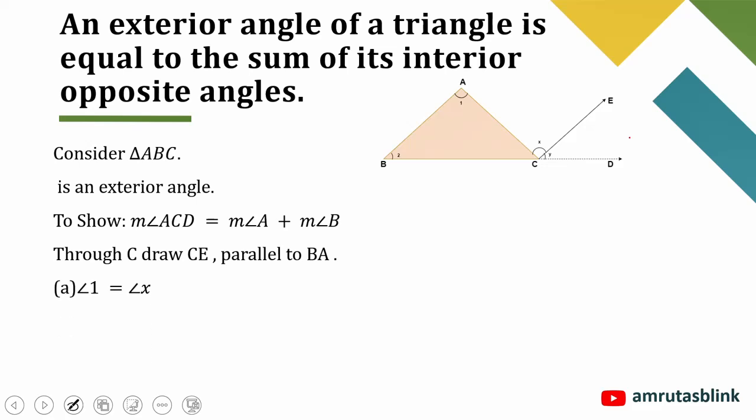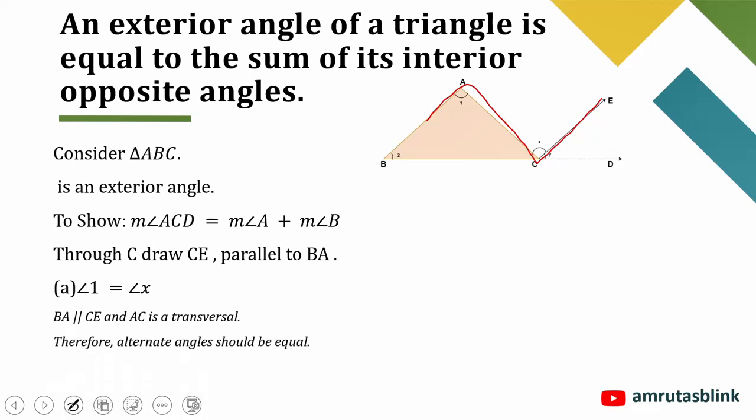Now as we draw a parallel line, we can say that angle 1 is equal to angle X. We have seen alternate angles. So angle 1 is equal to angle X, as BA is parallel to CE and AC is a transversal.